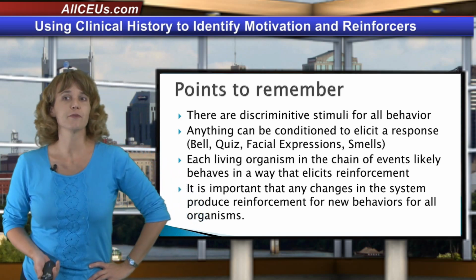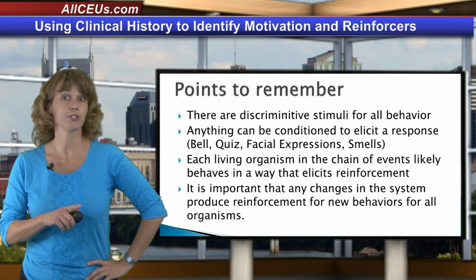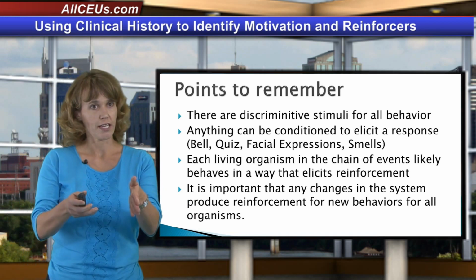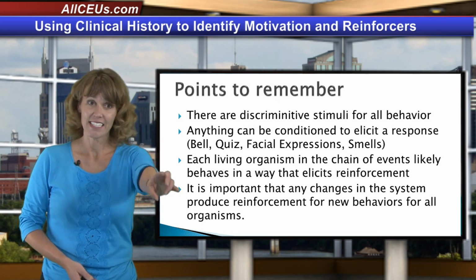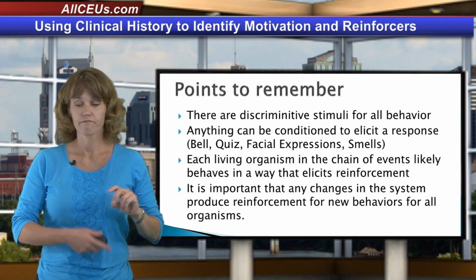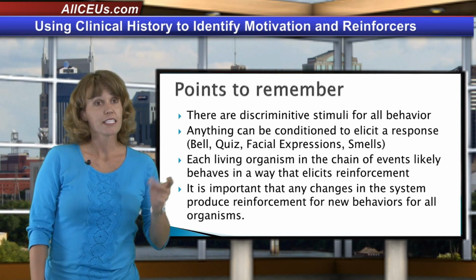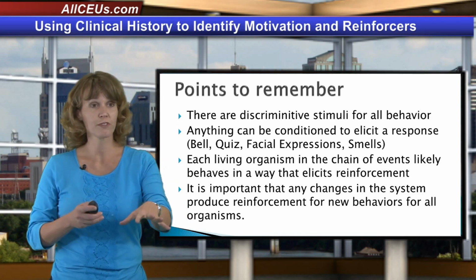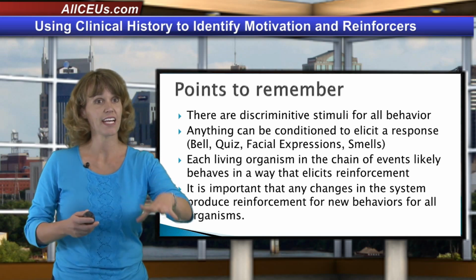Each living organism in the chain of events is likely to behave in a way that elicits reinforcement. So we can't just look at Johnny. We need to look at Mom and Dad, and to a certain extent, whatever the baby's name is, little Jenny. What is rewarding and reinforcing those behaviors and maintaining this chain?